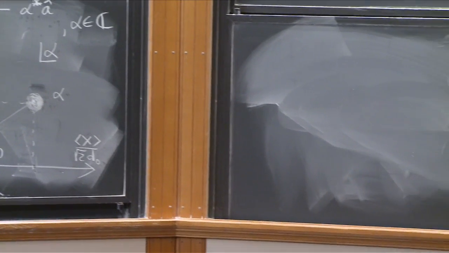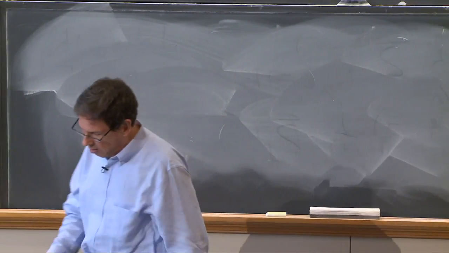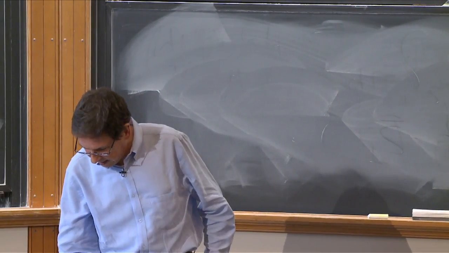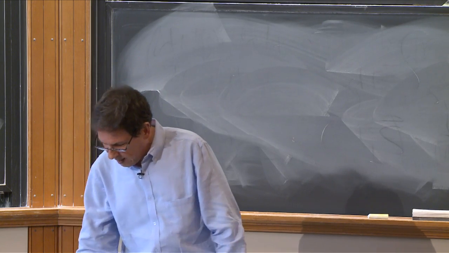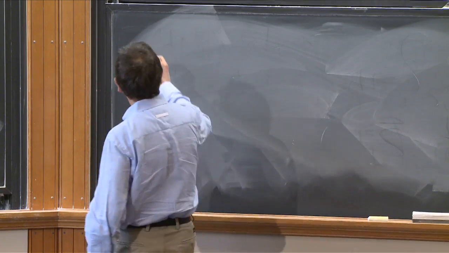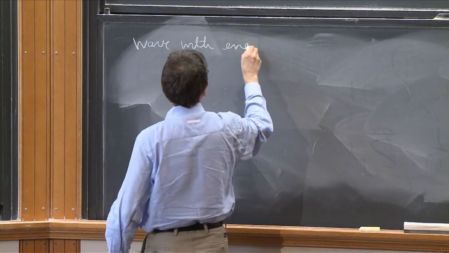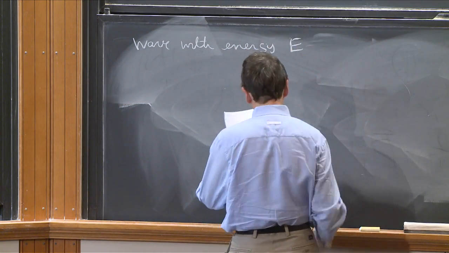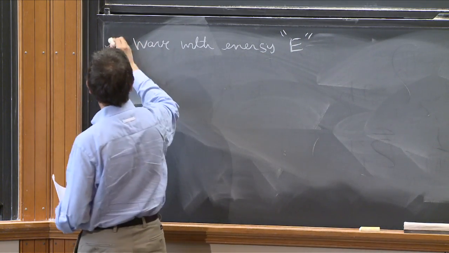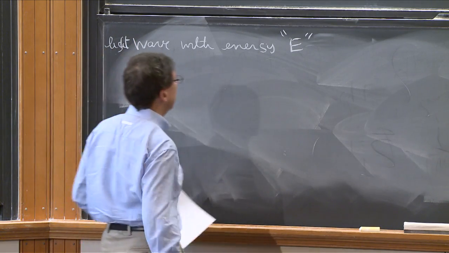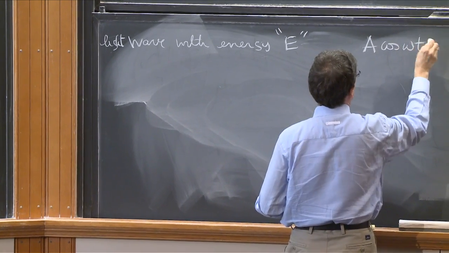And I want to relate it to an idea that comes along with waves, and it's important for what we're going to be doing later today. Suppose you have a light wave with energy E, described by, say, A cosine omega t.